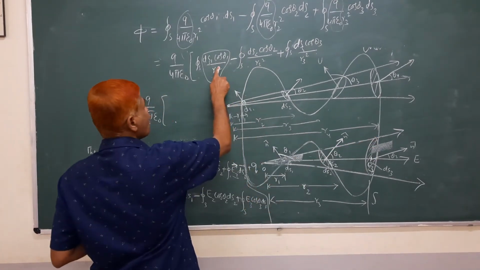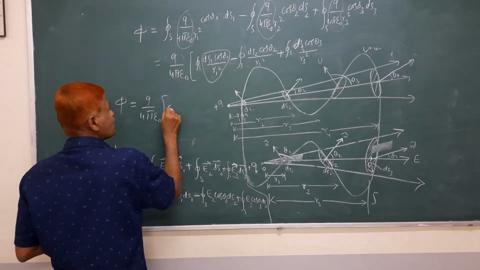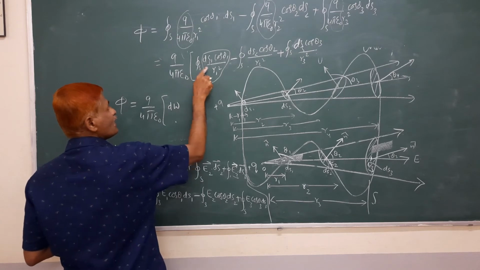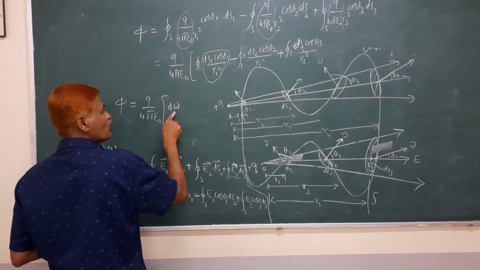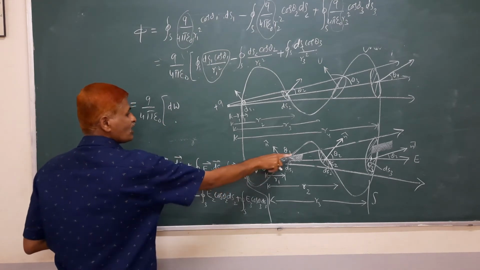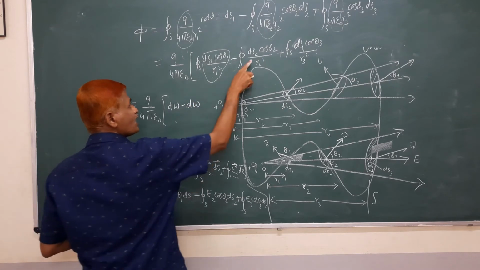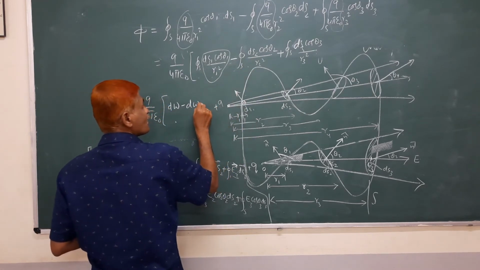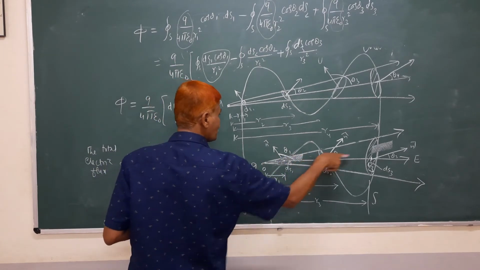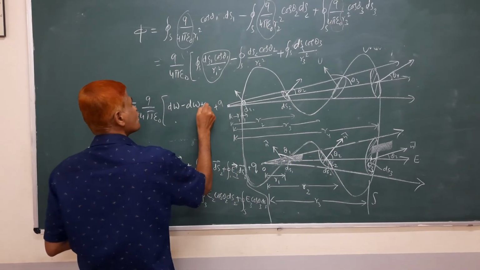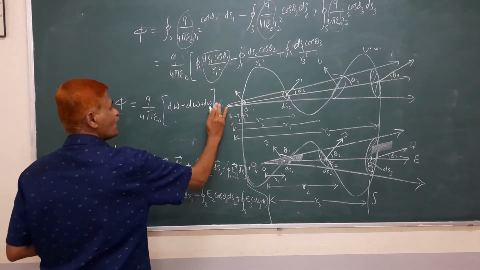So these all give the solid angle, and I will write this as d omega. This d omega is the solid angle going out here, and the same solid angle here with a minus, because they are coming in, going out, coming in, going out. So d omega.